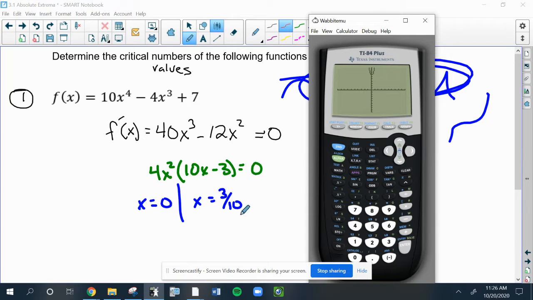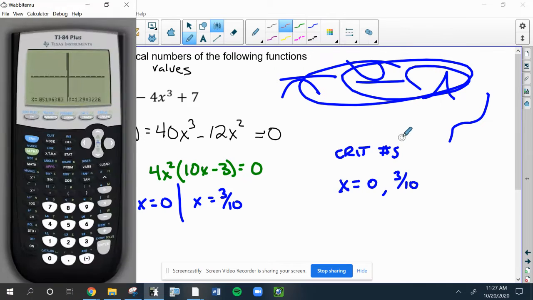The 3/10 I don't really see, but maybe it's up here somewhere. Let me zoom out. That's horrible. So I'm going to zoom in, but I'm going to zoom into like at x. See my x value.